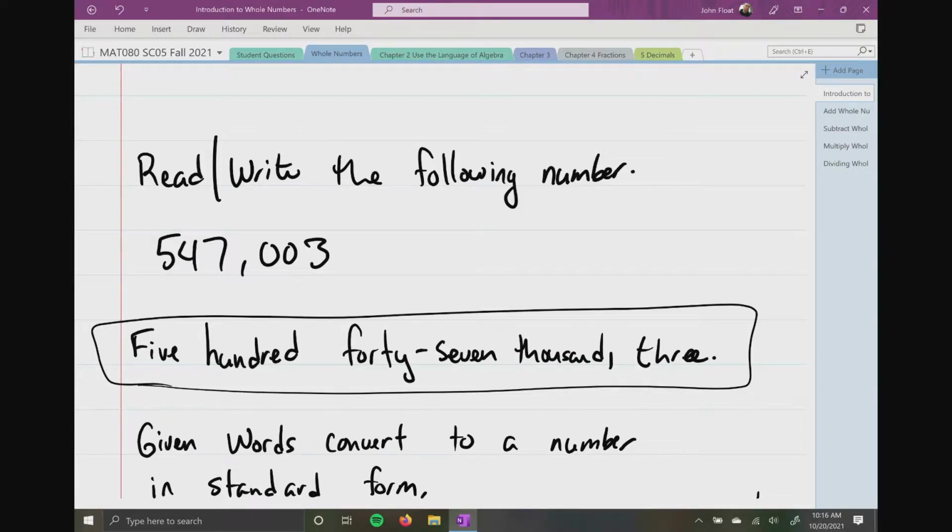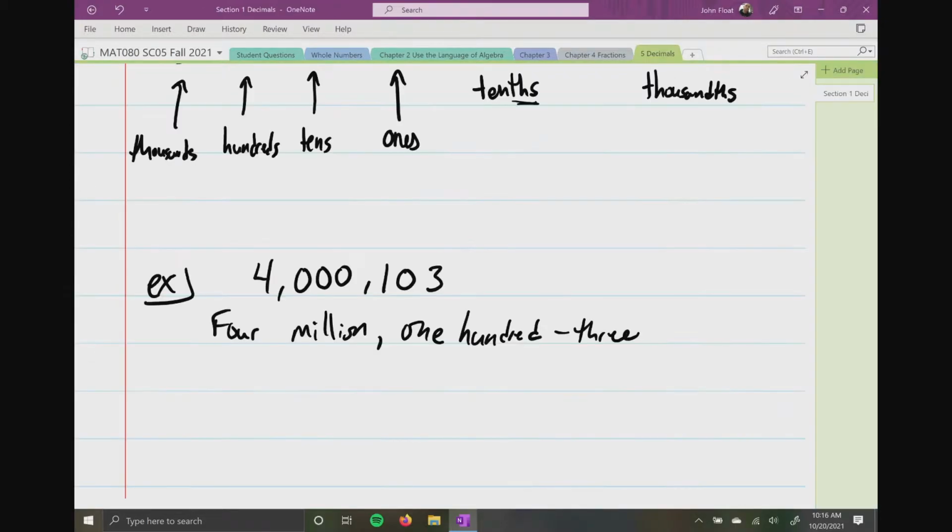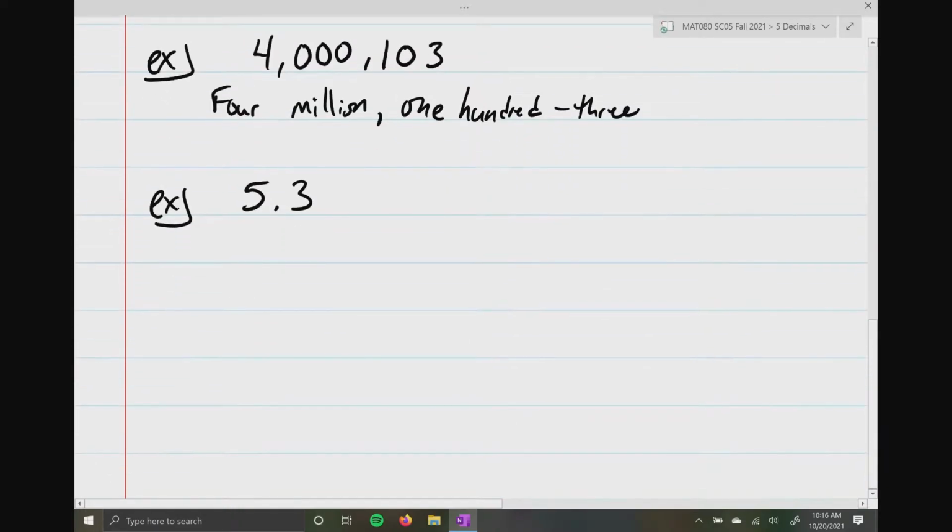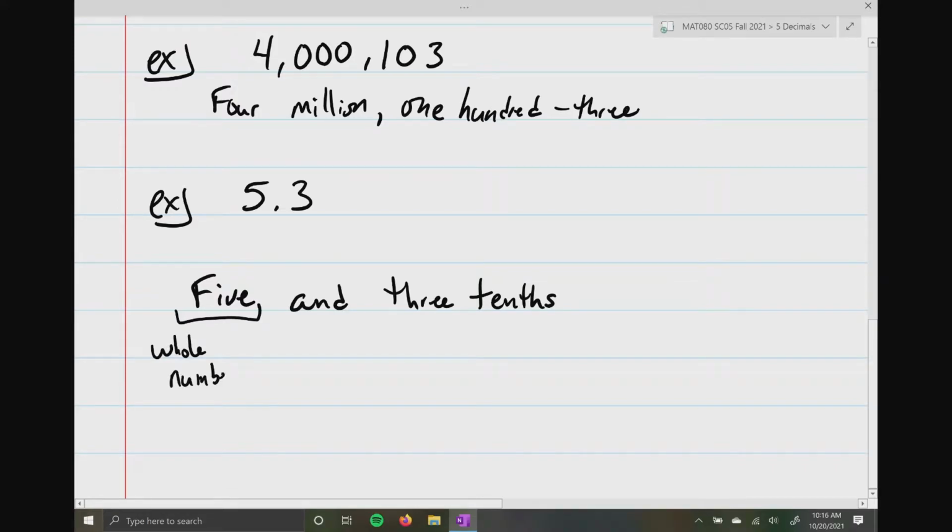So if we go back to our section now, and I write this, all right, the technical way to read this, or write it, would be 5 and 3/10. So the 5 represents the whole number. The and is going to be our decimal point.